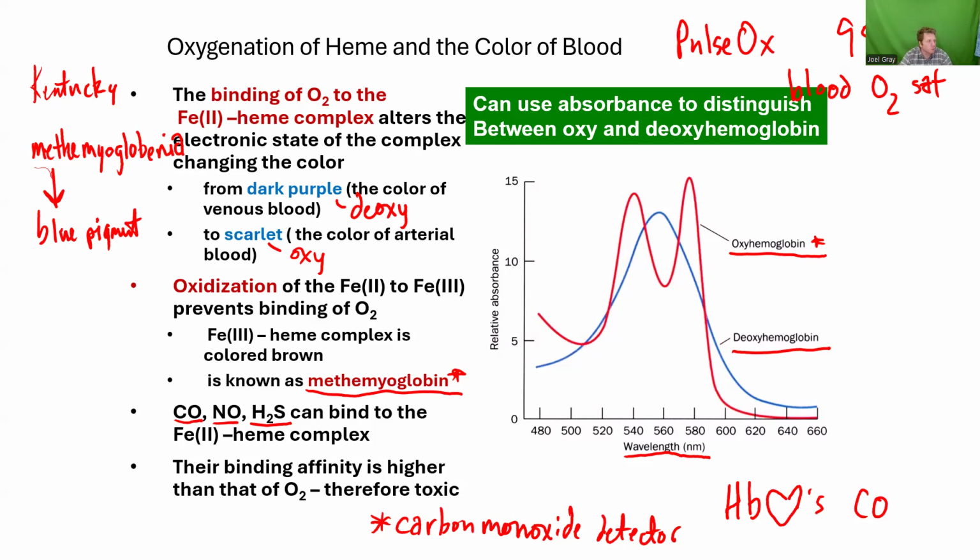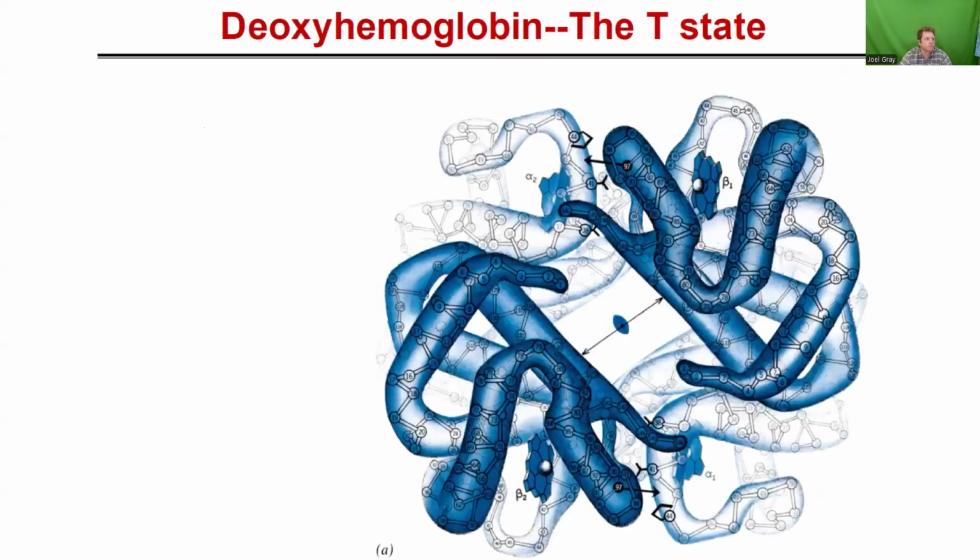So the same thing goes with NO and H2S. Those things are hazardous because they prevent hemoglobin from binding O2. And so if that's what's filling your lungs, then you're not getting O2 to your tissue. And that CO is not going to be used in the same way that O2 is.